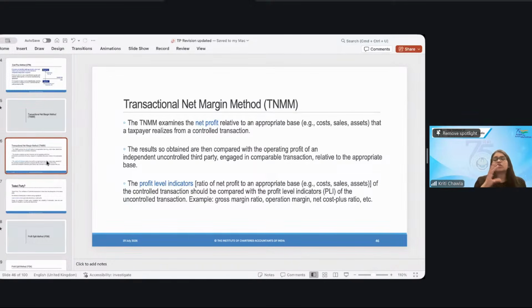This could be cost, asset, sales of the controlled transaction. It should be compared with the profit level indicator of the uncontrolled transaction. Now this could be gross margin ratio, operating margin ratio, or net cost plus ratio. So this comparing of net profit, this is called as the transactional net margin method.